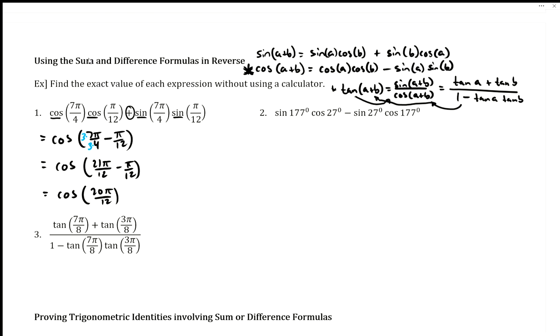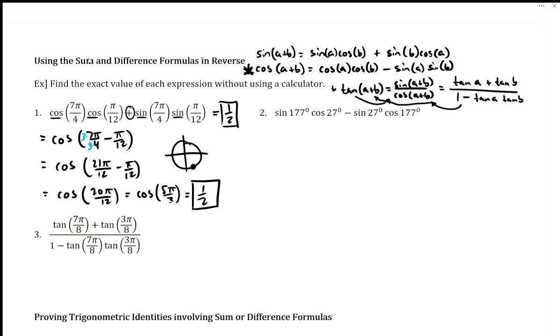Notice these are each divisible by 4, so we have cosine of 5 pi over 3. That's on the unit circle, and we can find it right away as 1/2. So all this addition is just 1/2. It's the same thing, but this one was easier to do once it was rewritten.